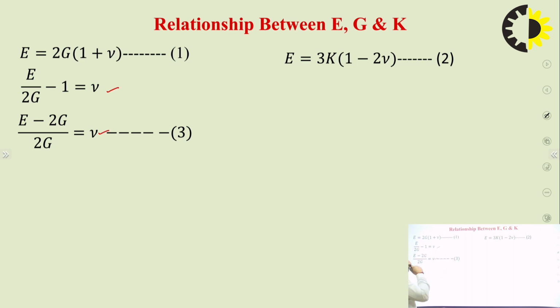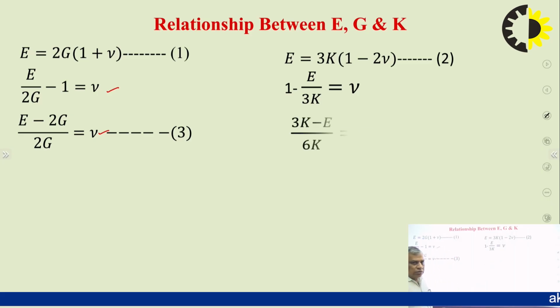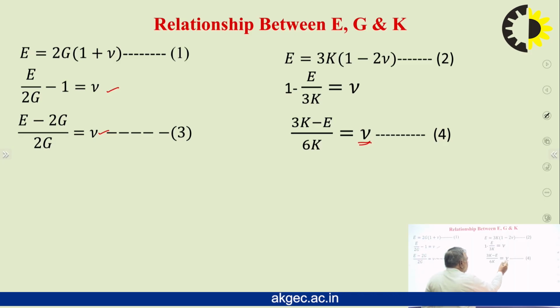This is just mathematics. From the other relation, ν = 1 − E/3K, since E is divided by 3K. Again rearranging, ν = (3K − E)/6K, as the Poisson ratio for any material will have the same value.